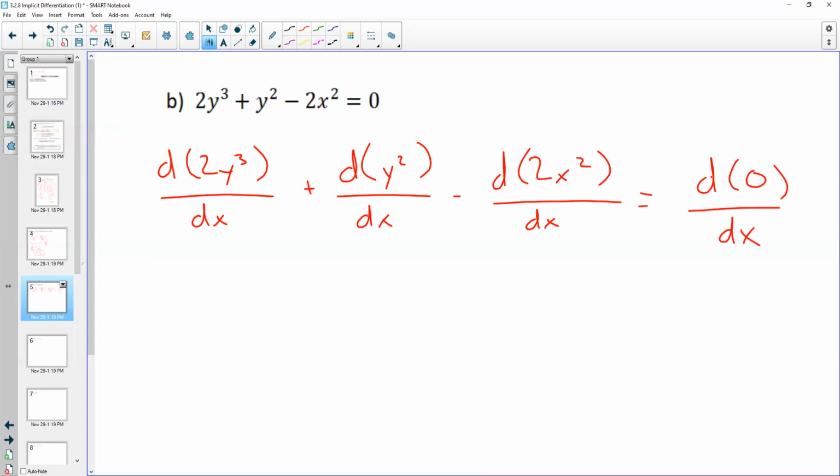We're going to take the derivative of each term in this function.